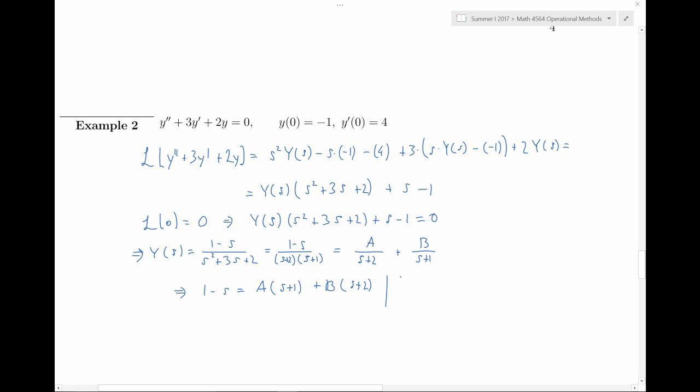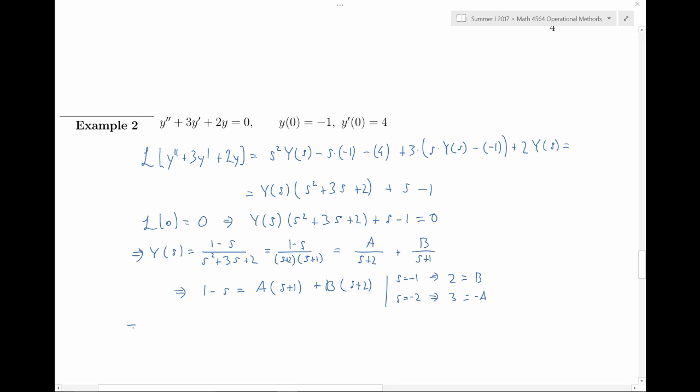And if I plug in s equals -1, then I will get that 2 equals a times 0 plus b times 1. If I plug in s equals -2, I will get 3 equals a times -1 plus b times 0.